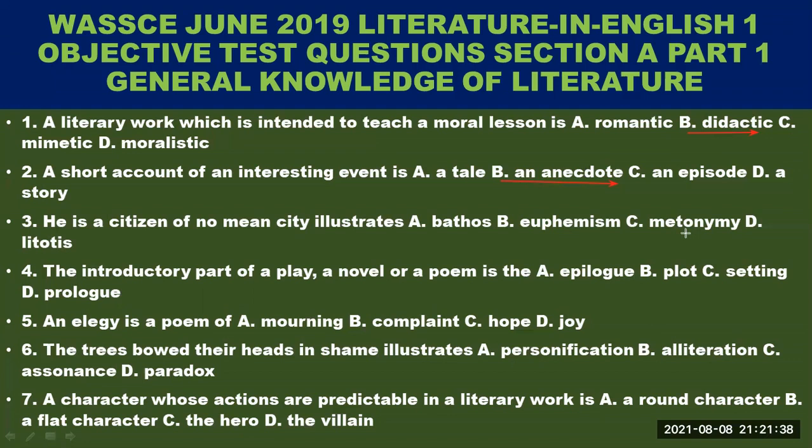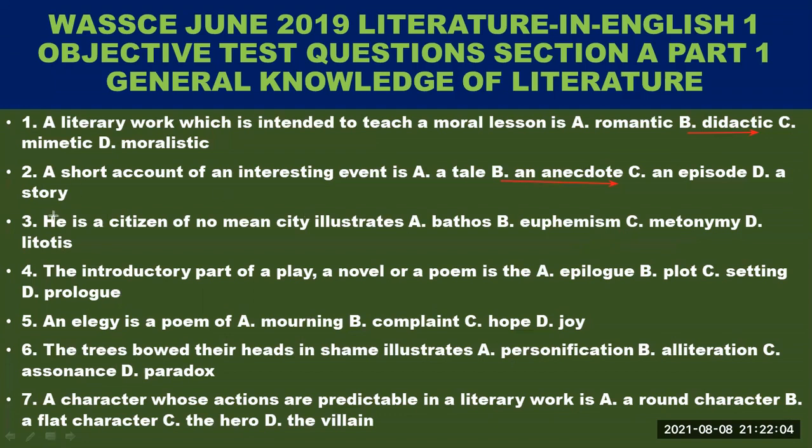For example, when you want to talk about lawyers or judges, then you use the wig and the gown to refer to them, or you use the pen to refer to writers. When you say the pen is mightier than the sword, the sword is used to refer to the military, then the pen to writers, so that is metonymy.